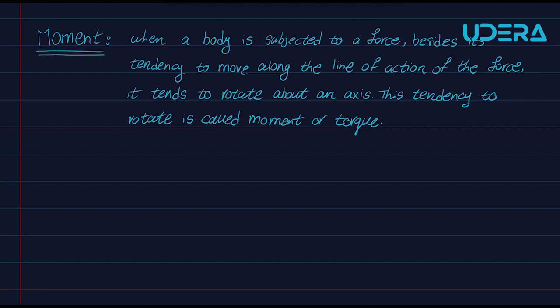So this definition highlights some important points. First of all, that force is a vector because it has a direction along the line of action. And the tendency to rotate, which is called moment or torque. Imagine when you're at home and you want to relocate a sofa, you push it toward the location you want to put it.